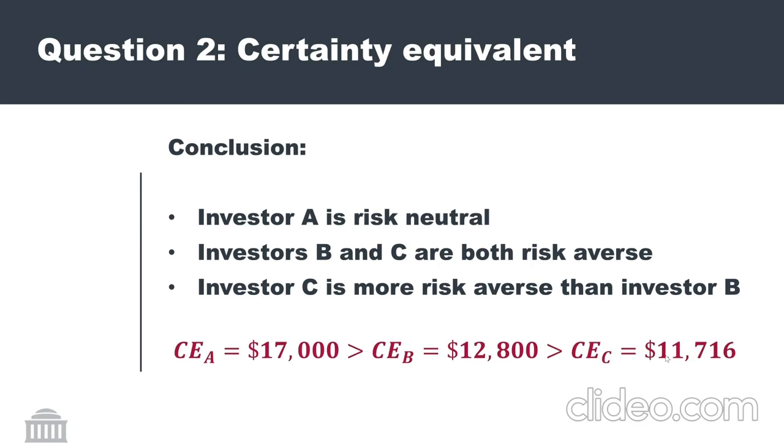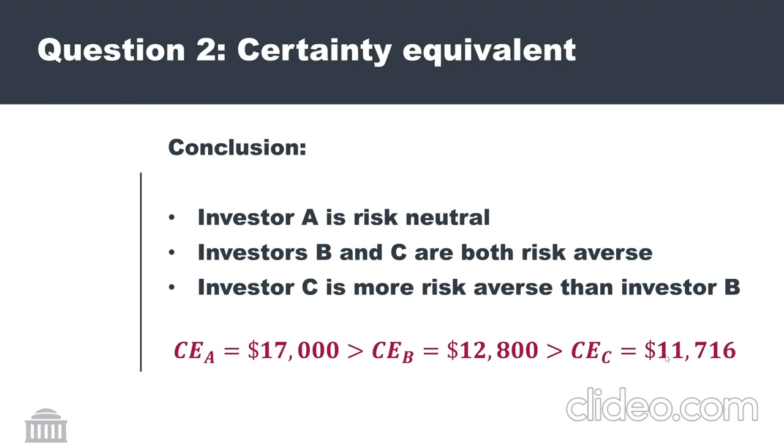Investor A is willing to trade the lottery for a guaranteed payoff or certainty equivalent of $17,000. Investor B is willing to trade off the same lottery for $12,800.